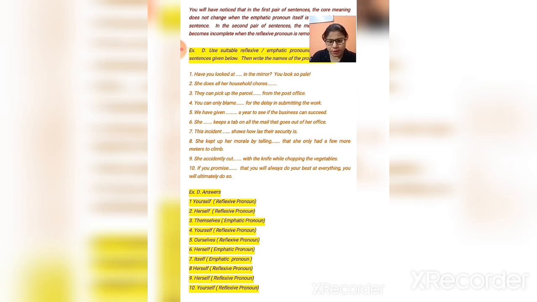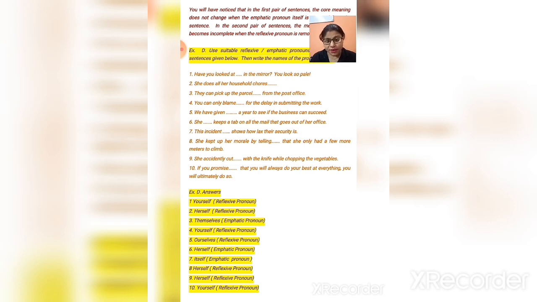Now seven. Seven is again used as an emphatic pronoun, as it is written here: this incident itself shows how lax their security is. Then eight will be a reflexive pronoun.